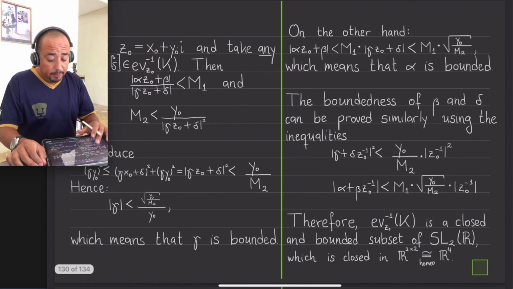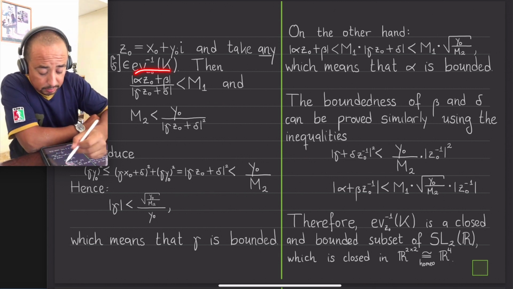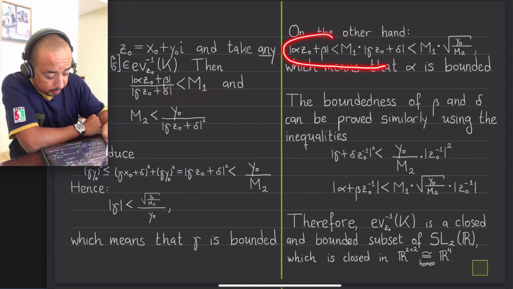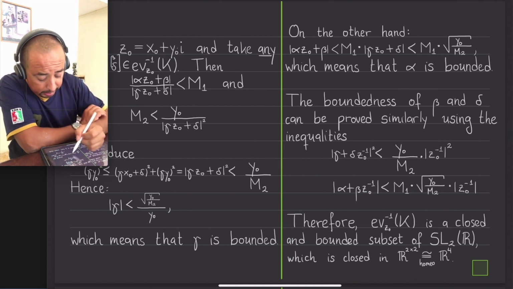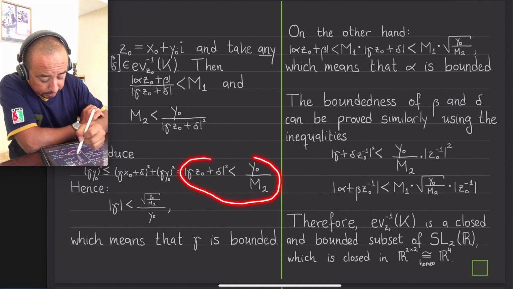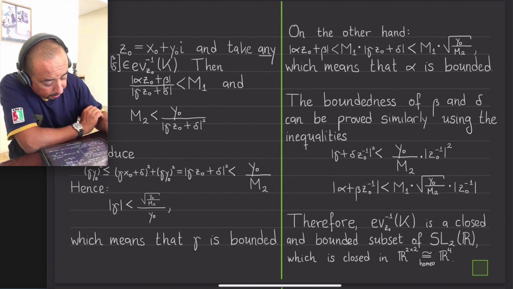Now, let's go on to alpha. So using this one, I pass this one to the right, and I obtain this, and this. Well, I know that this number, you see here I use this inequality, right? So I know that this number is less or equal than m1 times the square root of this thing.